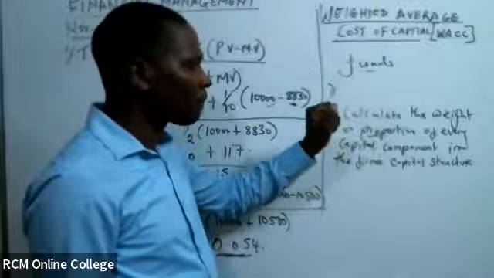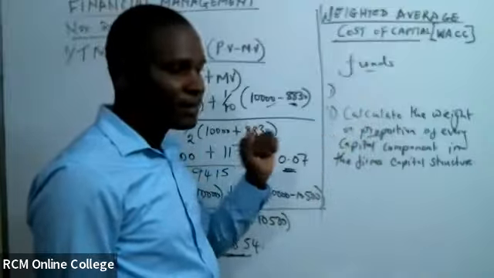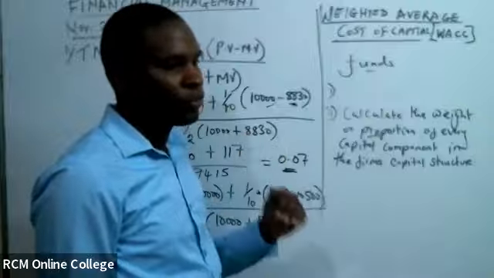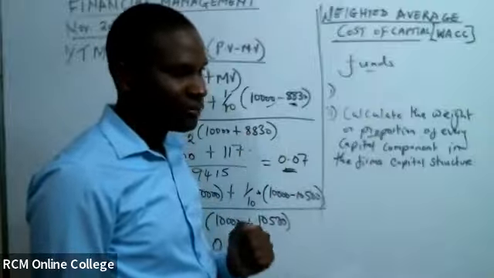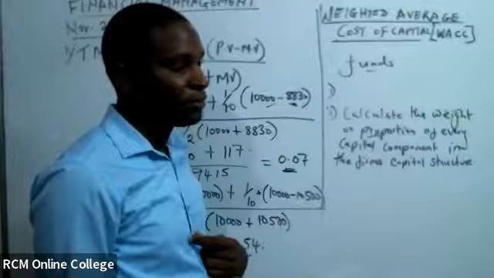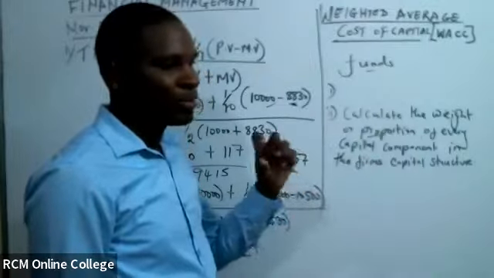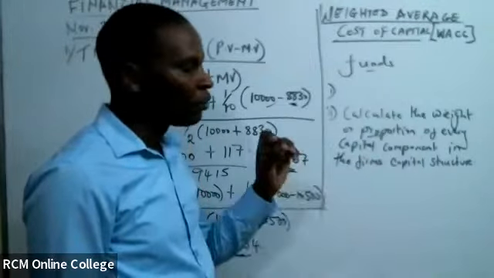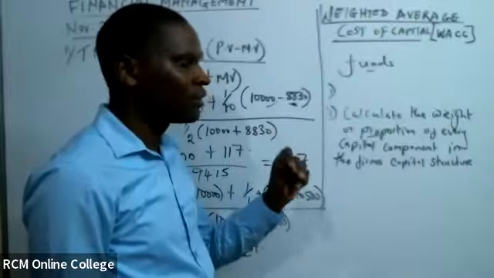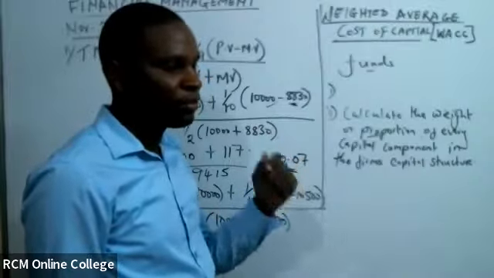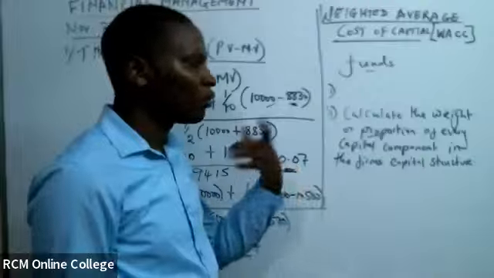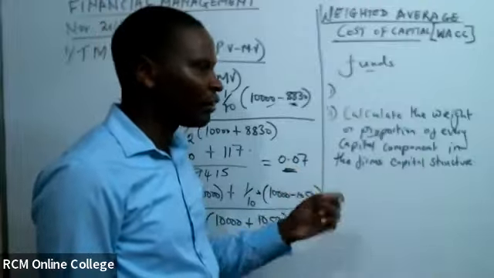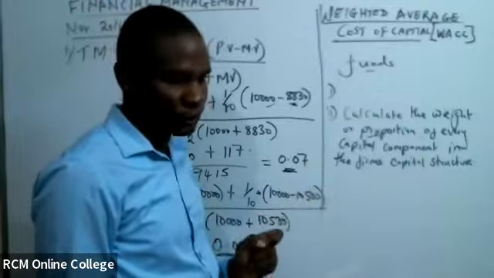And when calculating these weights, we use the market what? We use the market value. Very important. When you want to get the weight, we calculate it using the market value. There are some reasons why we use the market value, and that comes as a question.